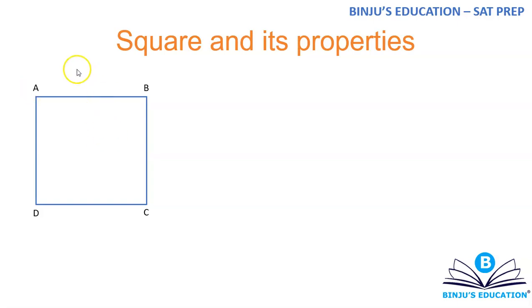So it has all sides equal, so A, A, A, A, all vertex angles are 90, 90, 90, 90. It's gonna have equal diagonals also. So you can say that AC will be equal to BD. The diagonals are gonna bisect each other at 90 also.